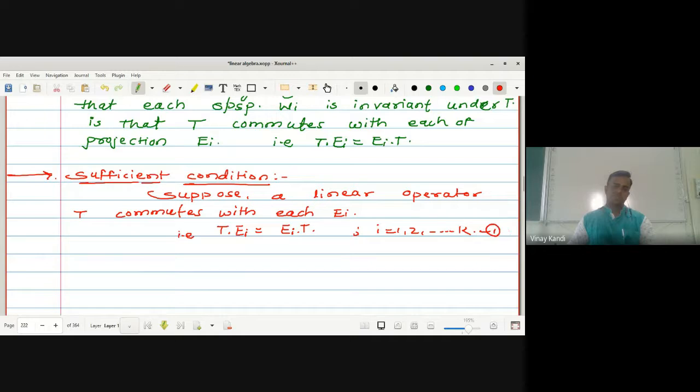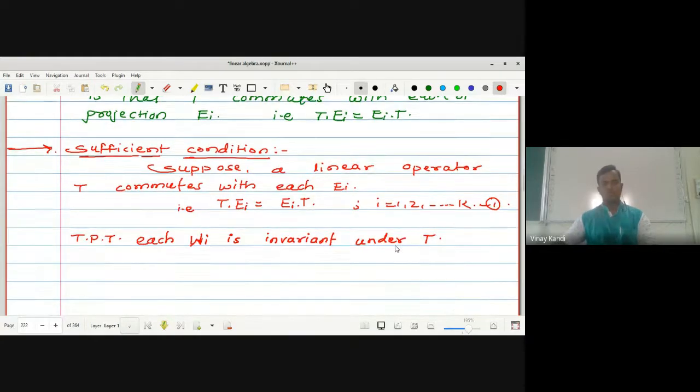Give it as equation number 1. Okay, and we have to prove that each Wi is invariant under T.